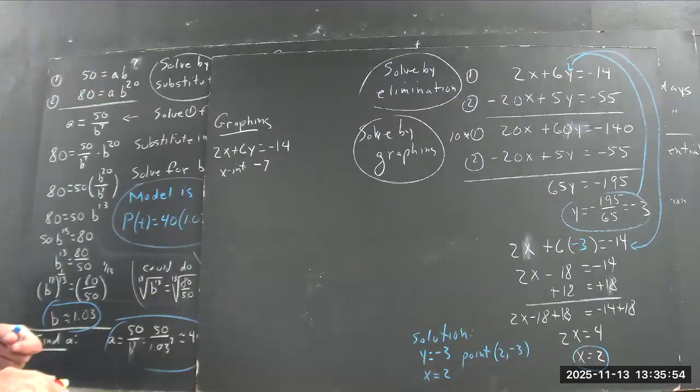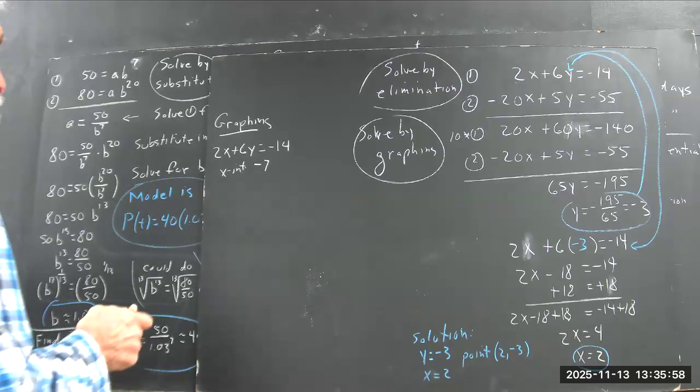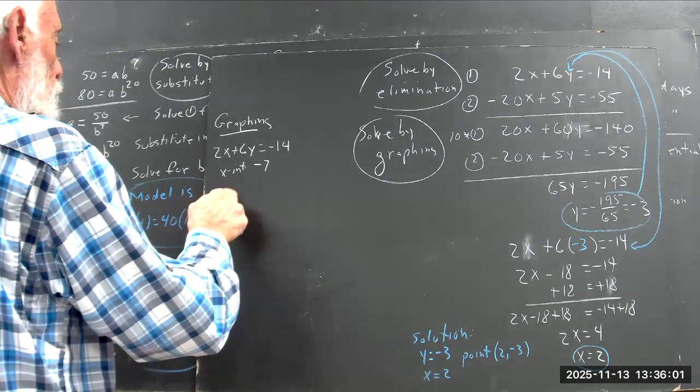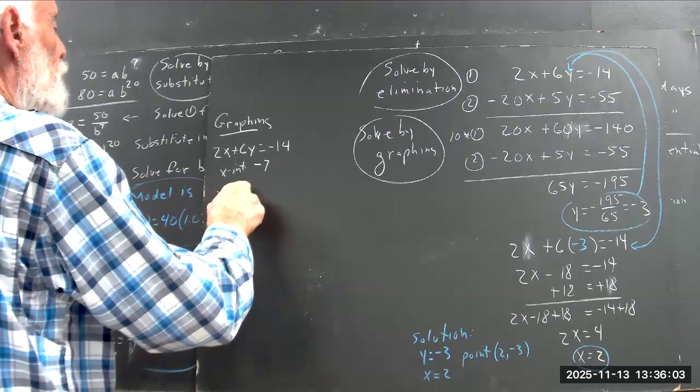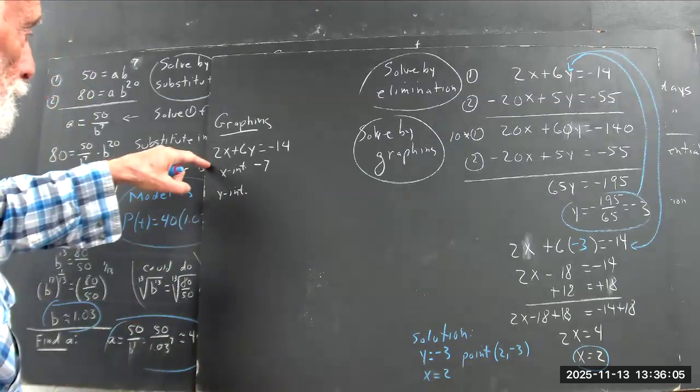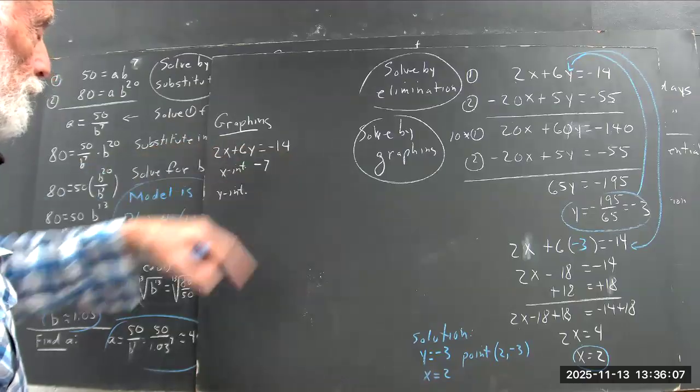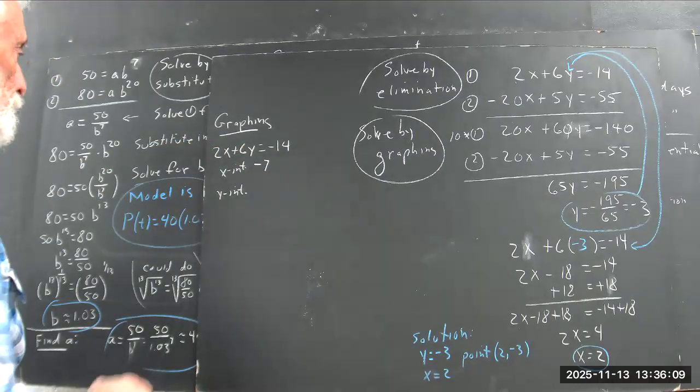X-intercept would be negative 7. Okay. The y-intercept occurs when x equals 0. So x equals 0, we get 6y equals negative 14.